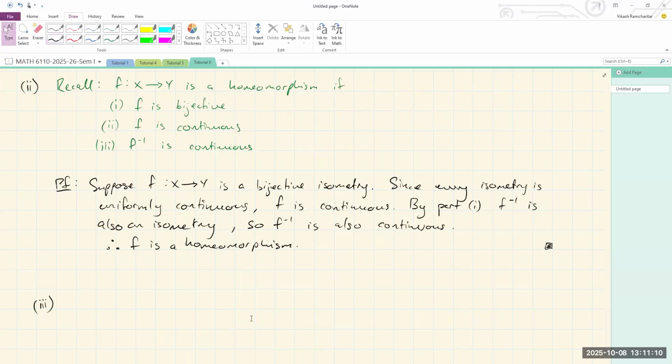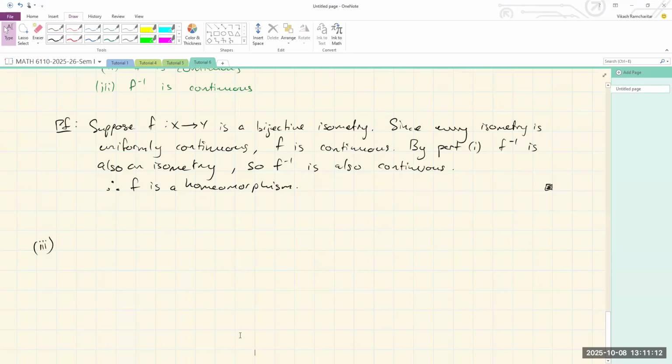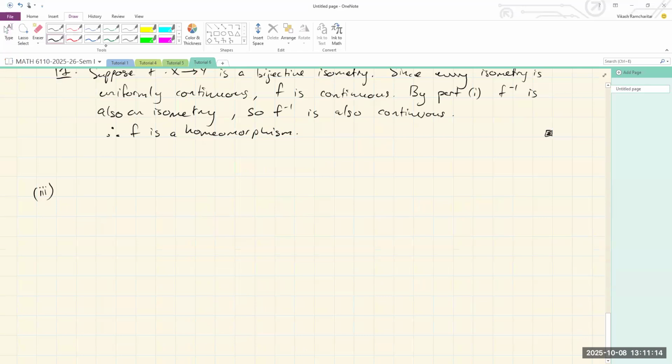Again, let me just recall what it means for a set to be bounded.